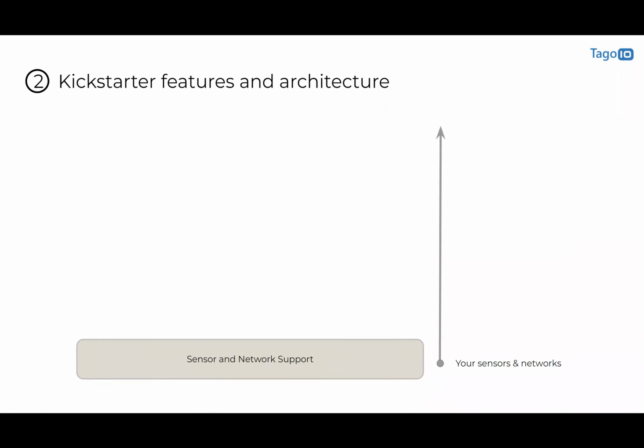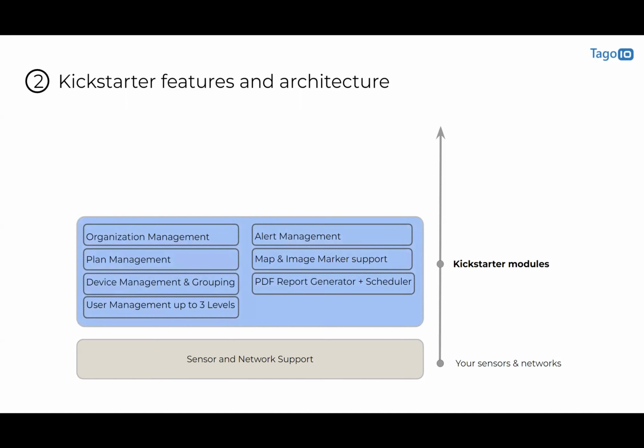That usually means just finding a connector and testing your sensor, checking if the sensor is capable of communicating with Tago. And in some cases it means creating a network support. Once you have that done, you can import the Kickstarter modules.